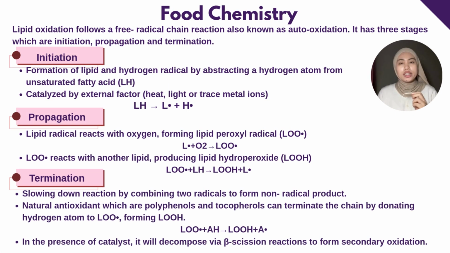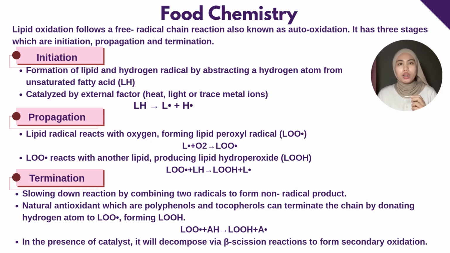Lastly, the termination step. In order to slow down the reaction, two radicals must be combined to form a non-radical product. In cocoa, natural antioxidants which are polyphenols and tocopherols are used to terminate the reaction. This reaction can be done by donating a hydrogen atom to the lipid peroxyl radical, forming lipid hydroperoxide.